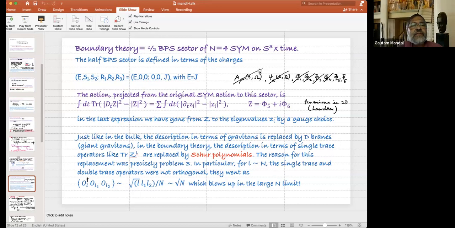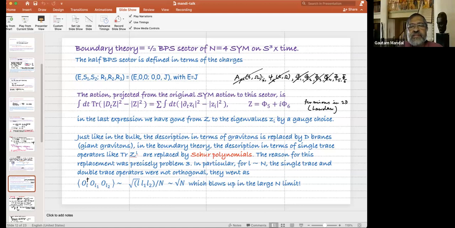So this restriction actually says that the following fields, they go out of the spectrum, they're simply not there.